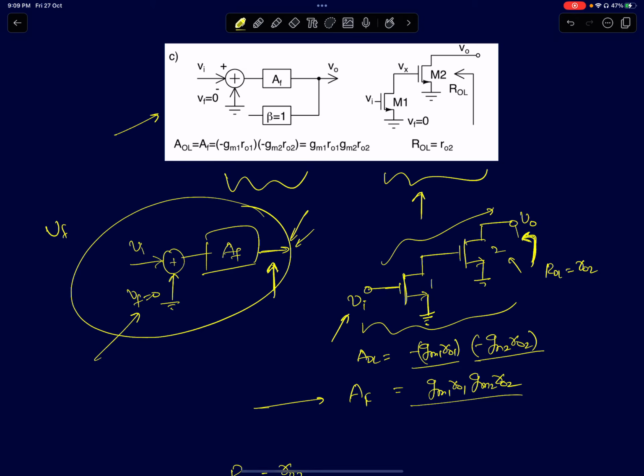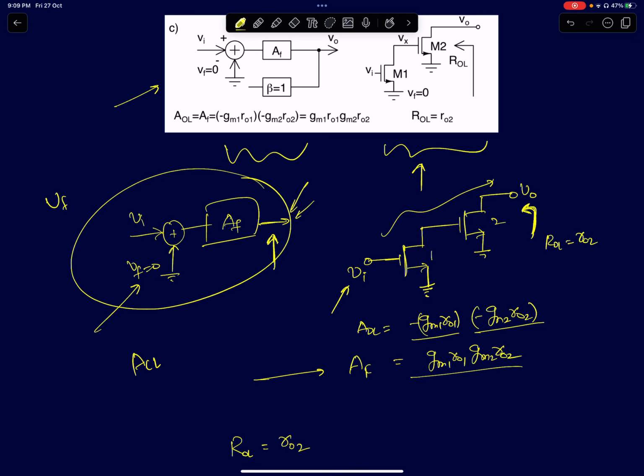Since you're directly feeding the output V0 back at the input, beta is equal to 1. So let's not worry about beta right now. We have gotten the forward path gain and the loop gain. So now we have everything ready to calculate the closed loop voltage gain and the closed loop output impedance.